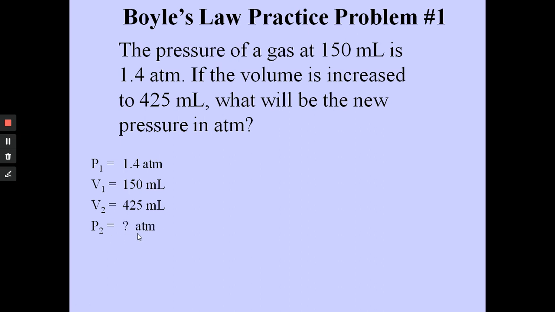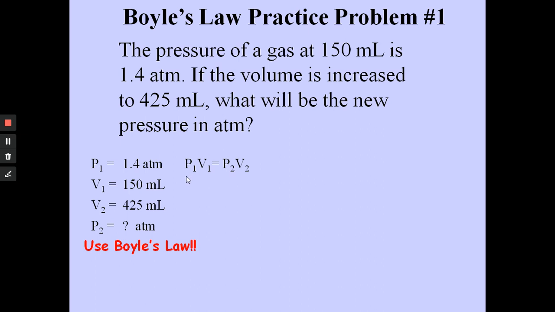The second pressure is also measured in atm, and now we need to solve for this one. So based on this given information, we have P1, V1, V2, P2. You are going to use Boyle's law. Boyle's law says that P1 V1 is equal to P2 V2. Now we are solving for P2, which is over here.